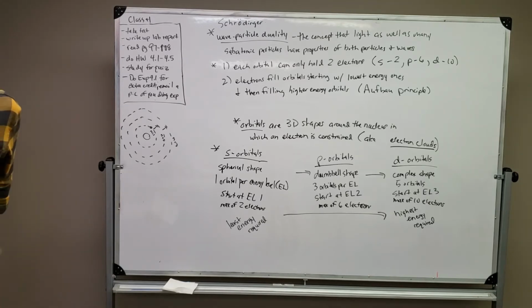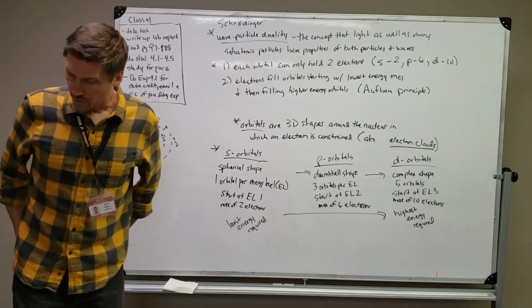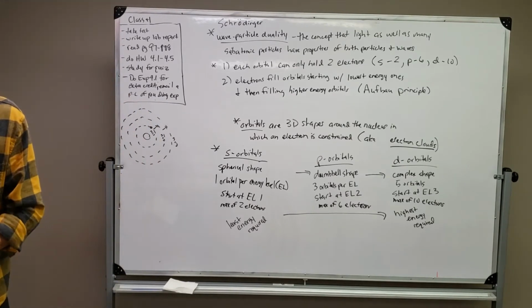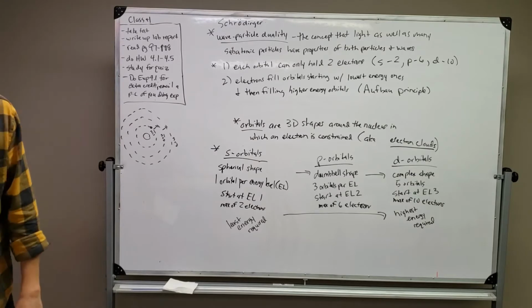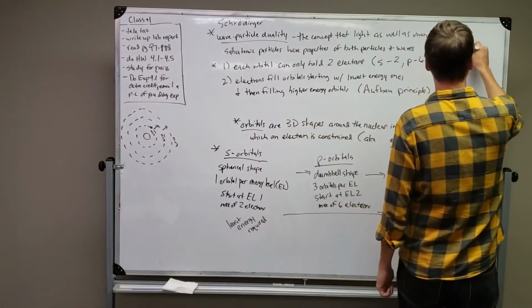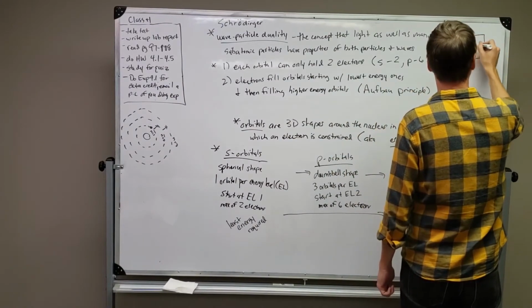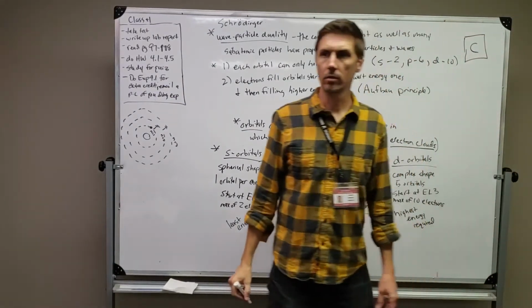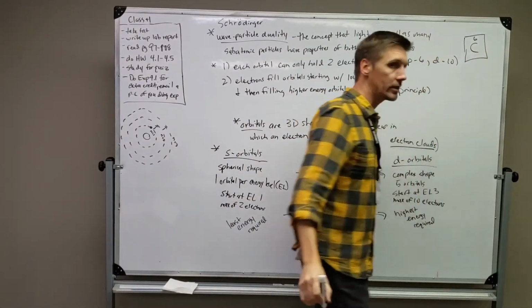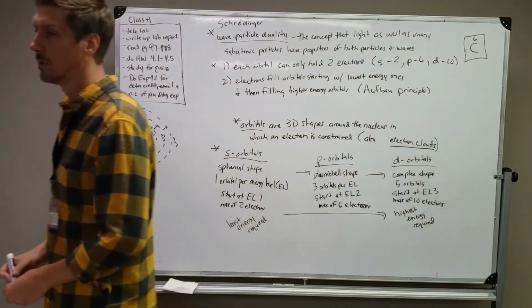The example on page 105 says, where are all the electrons of a carbon atom that is in its ground state? A carbon atom looks like this on the periodic table, right? And it's got 6 as its atomic number.